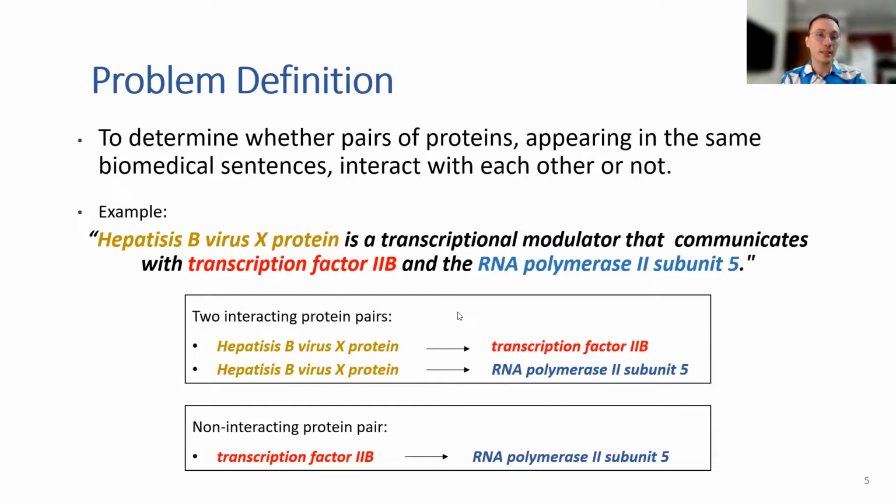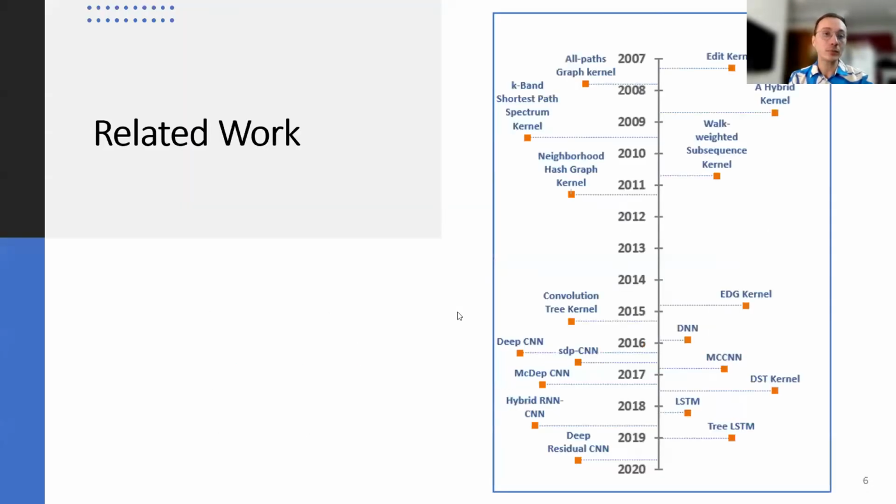What I mean is we would like to detect interacting protein pairs, and also we would like to detect non-interacting protein pairs as well. This is a natural language processing task in computer science, and more specifically, it is a relation extraction task.